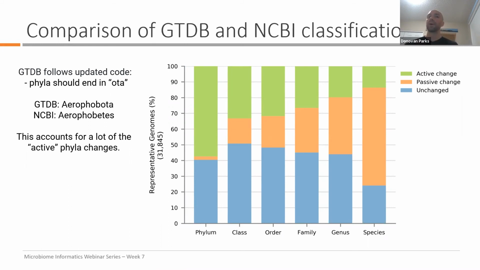So since we follow that, we have redefined a lot of phyla to end with the suffix -ota. So in GTDB, you have Aerophobota, but in NCBI, you have Aerophobetes. So these minor changes, to follow the code or not, account for a lot of these active changes. So I think we're in more agreement than perhaps this bar chart would initially suggest.